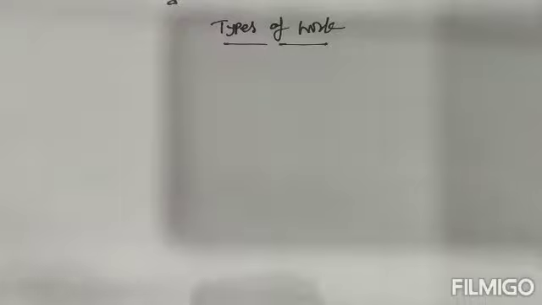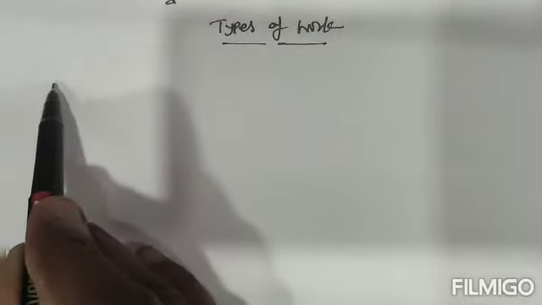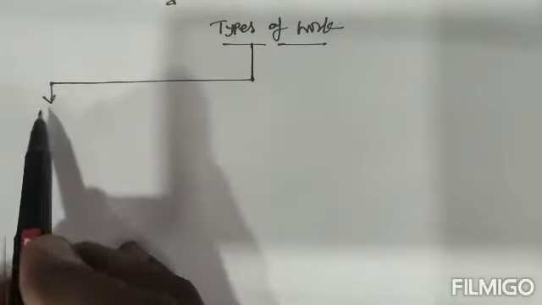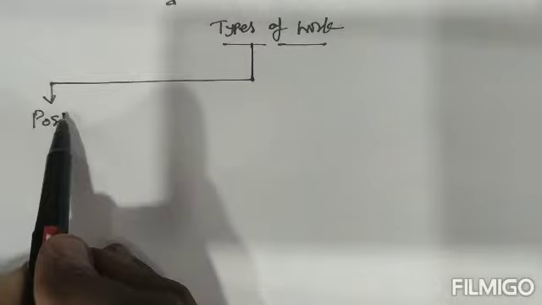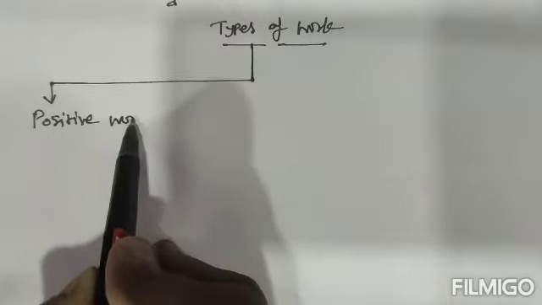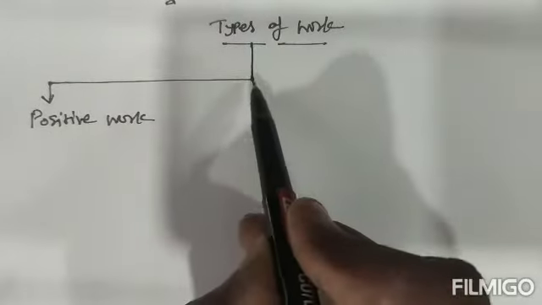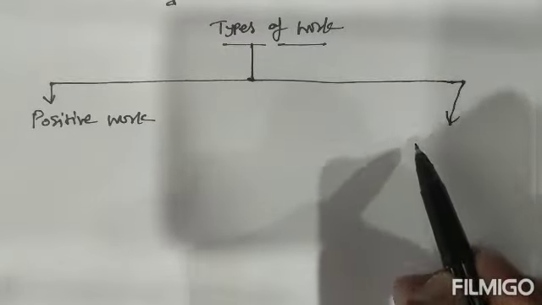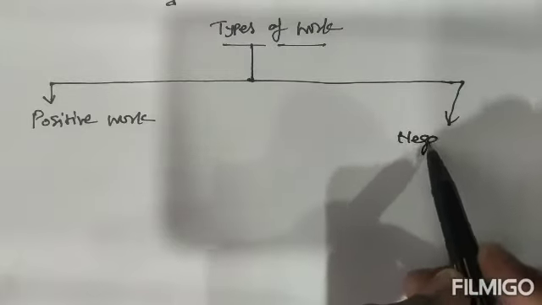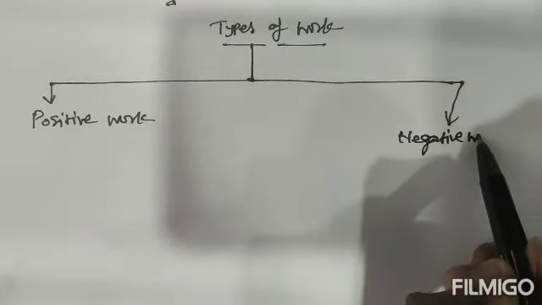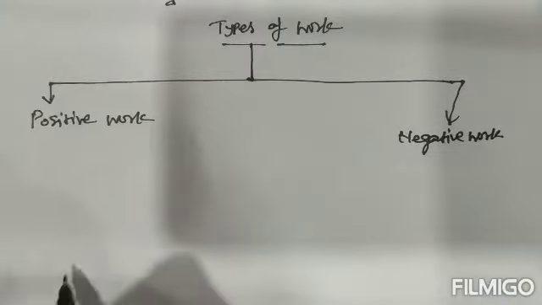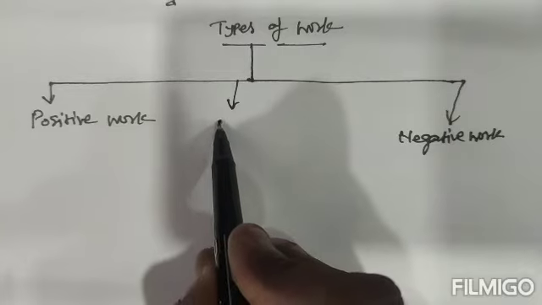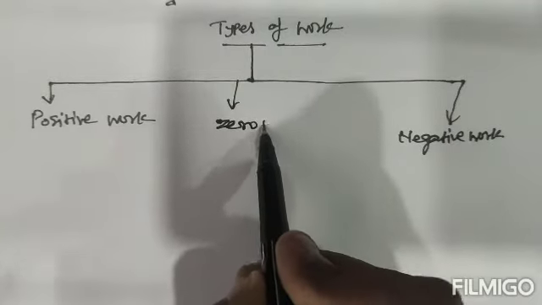The first one is positive work. The second one is negative work. Then the third one is zero work or nil work.